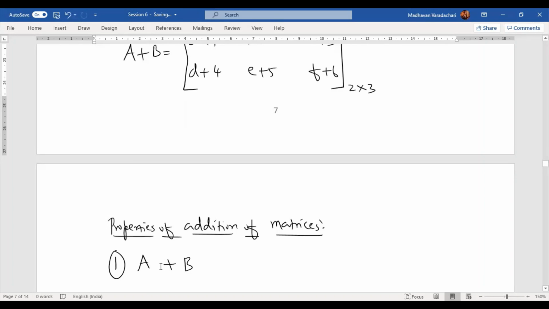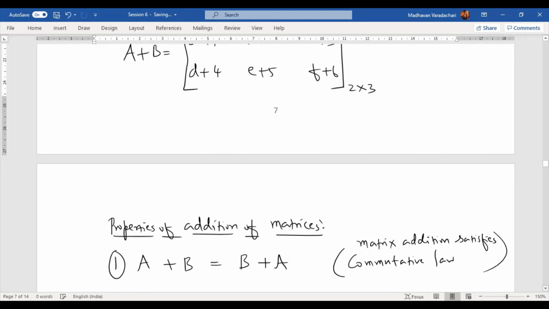Since I wrote a plus sign, these two are of the same order, otherwise addition is not possible. This is the same as B plus A. This law is called the commutative law. Matrix addition satisfies the commutative law.